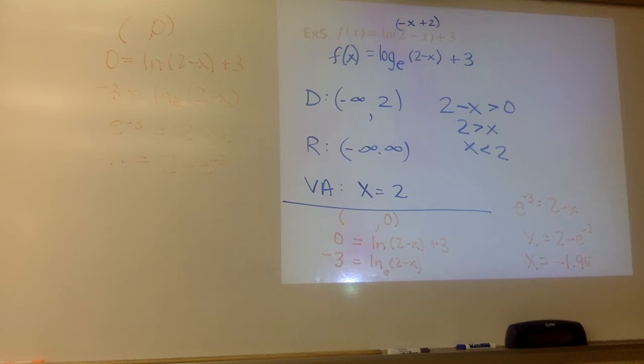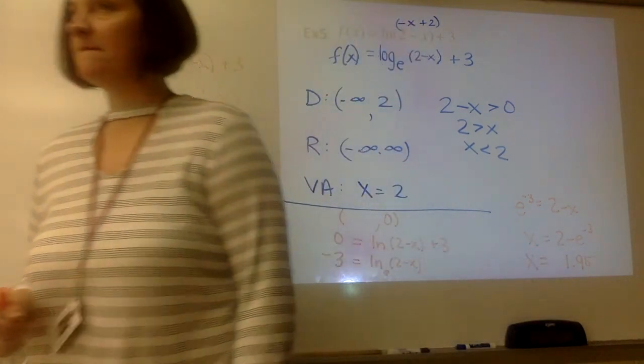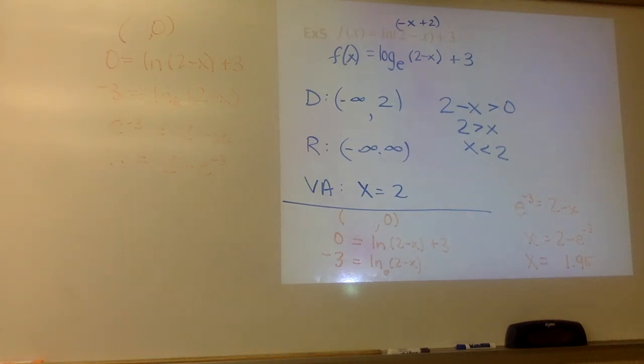How am I getting a negative 3? It's not. That's what we were just talking about. But this is the positive. Did you get positive 1.95? Yeah. Check your work. Go in and check it. Look at it. Okay.